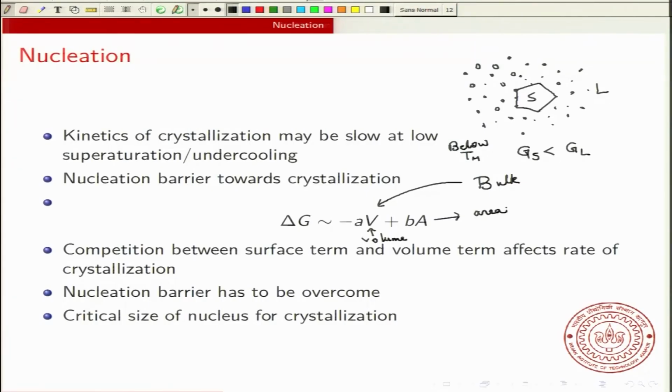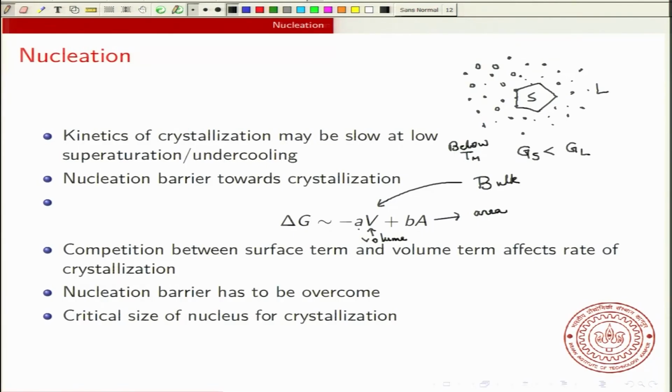Now, it turns out that if you have a very small crystal, then this area term dominates, and actually the free energy for a small crystal becomes positive. Of course, if you have a large crystal, then the volume is much bigger than the area, and so the free energy will be negative, and you will form a crystal.